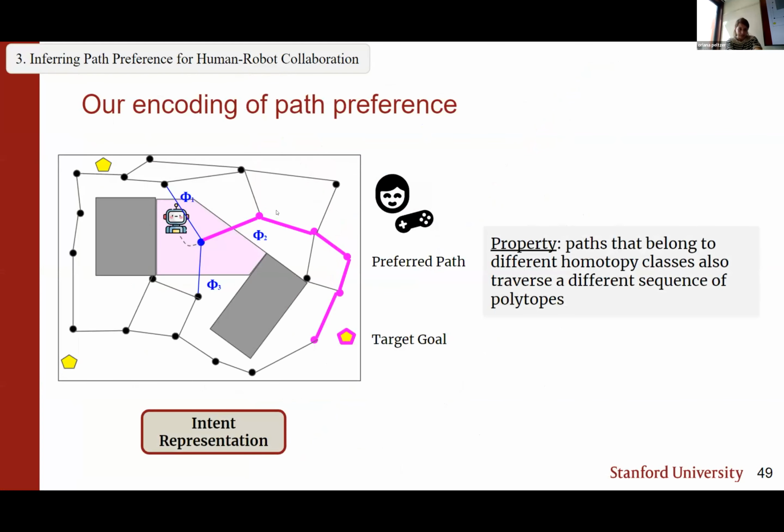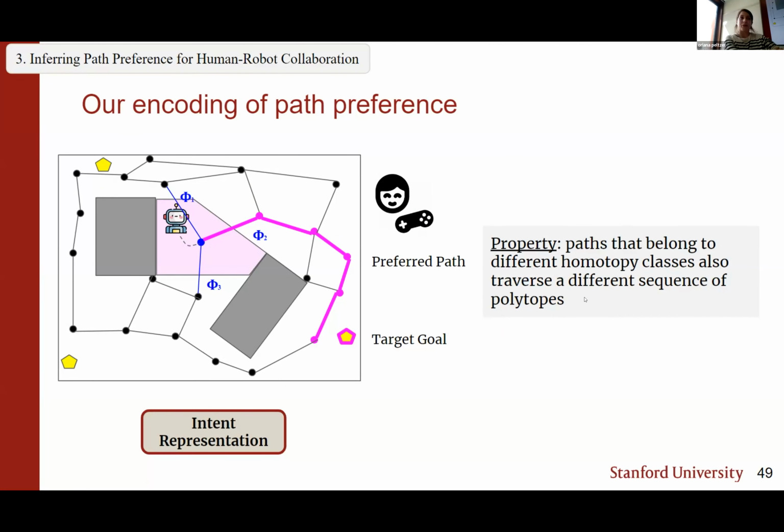This is how we encode path preference. We say that the human's path preference is a preference over the transitions between these nodes. So for each node, the human prefers one of the neighbors that they want the robot to transition to.